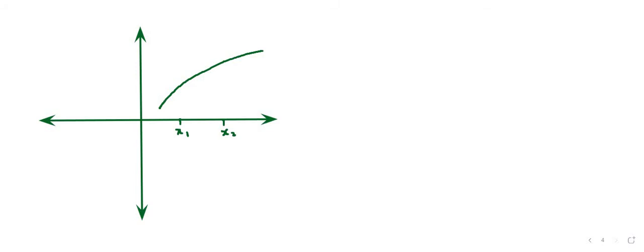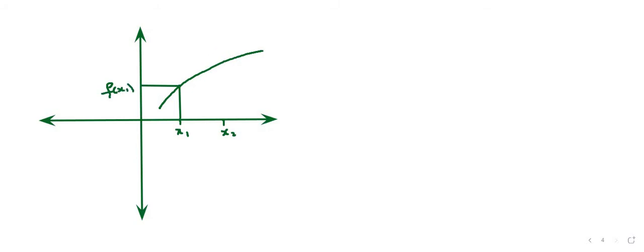Let us consider a graph of a function. Here, if x1 is less than x2, their images are, image of x1 is this f of x1. What about x2?